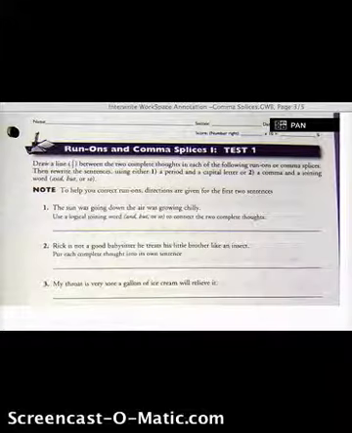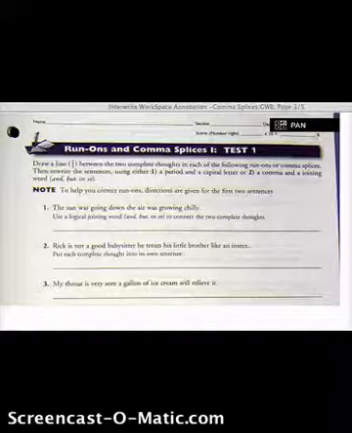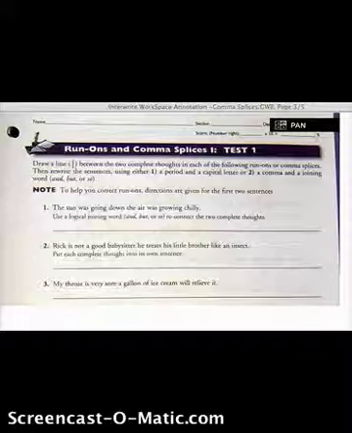Now turn to page 41. Let's take a look at run-ons and comma splices and how to fix them. Draw a line vertically between two complete thoughts in each of the following run-ons or comma splices.